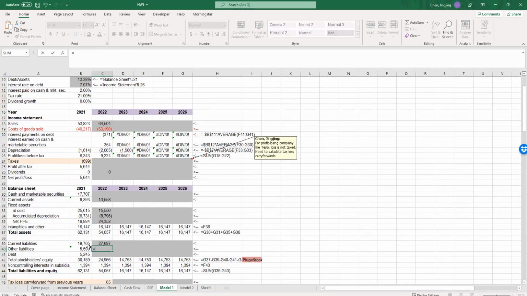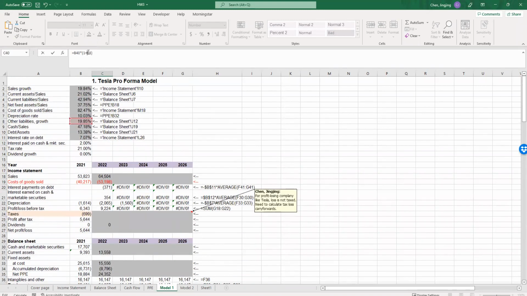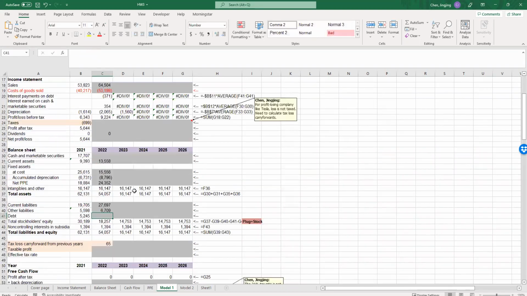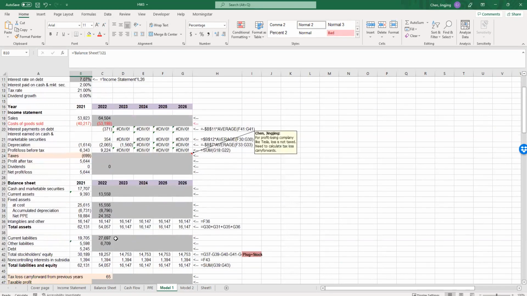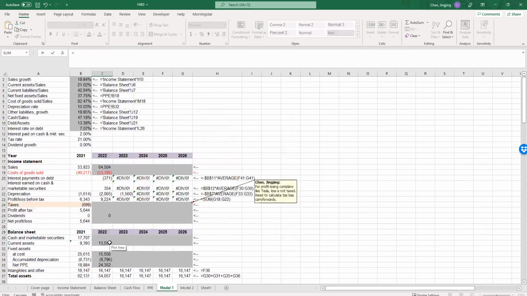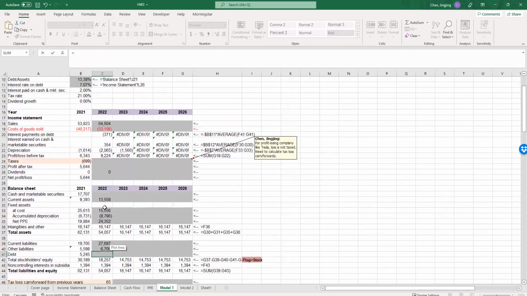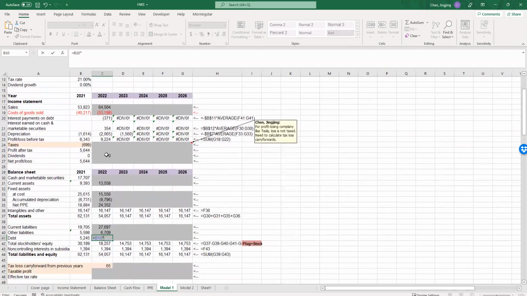So here, using growth of other liability, 1 plus the growth rate. Enter. Finally, for debt. So for debt, the assumption is here. So debt equals some ratio. We want to keep this debt over assets ratio at 13%. So therefore, debt will be a function of total asset. So this ratio times total asset.